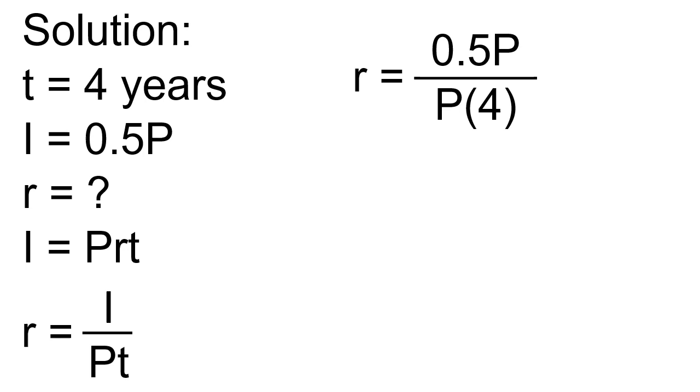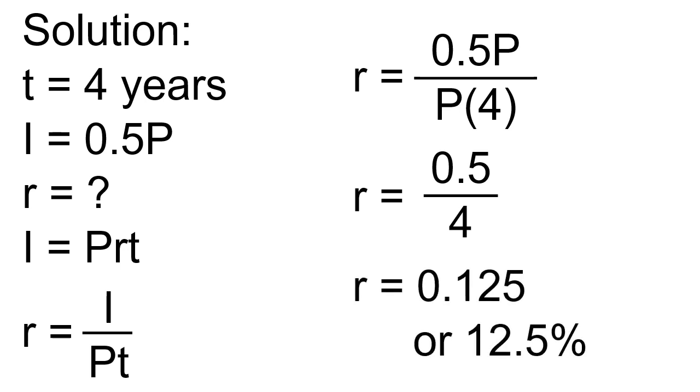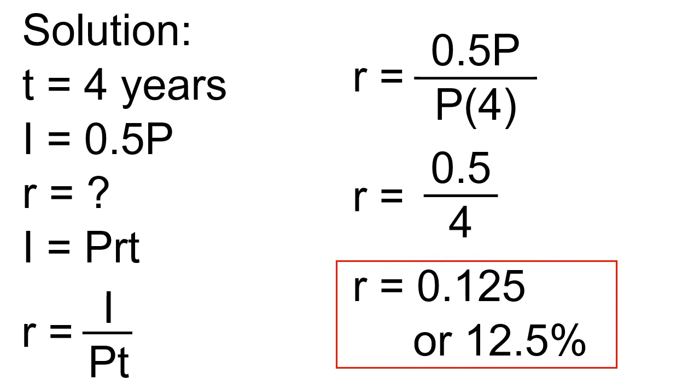Okay, so R equals 0.5P over P times 4. So we are going to cancel P. That's why we will only have 0.5 divided by 4. And 0.5 divided by 4 is 0.125. When you express it into percent, that's 12.5%. So the simple interest rate is 12.5%.